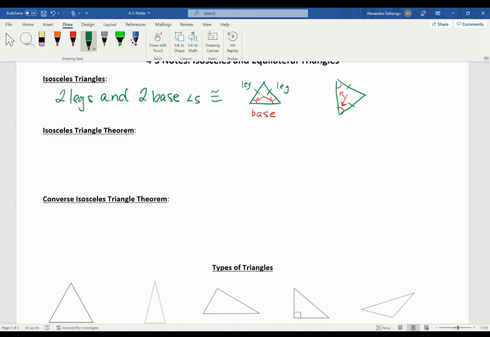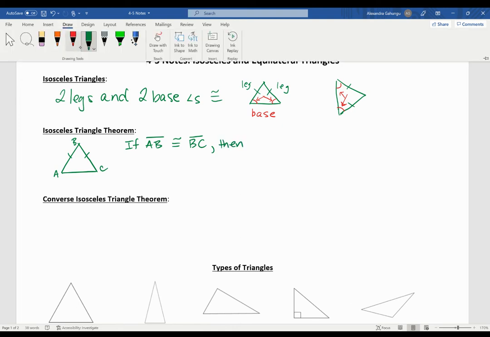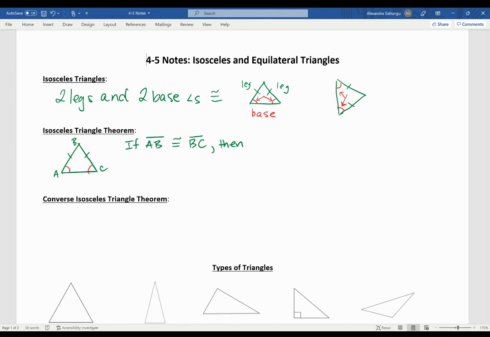The isosceles triangle theorem. So if we've got an isosceles triangle ABC, if our two legs are congruent, so if AB is congruent to BC, then the base angles, angle A and angle C, are congruent.